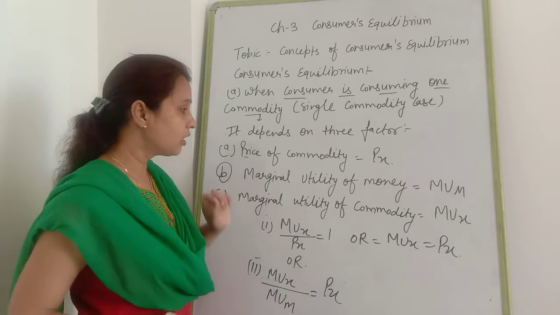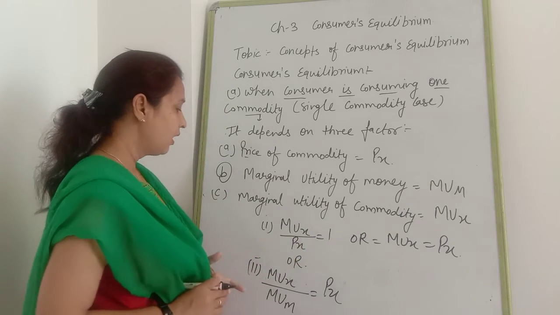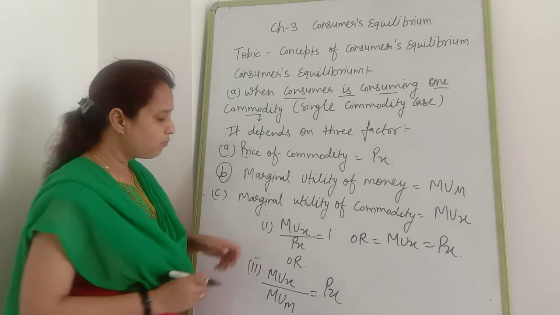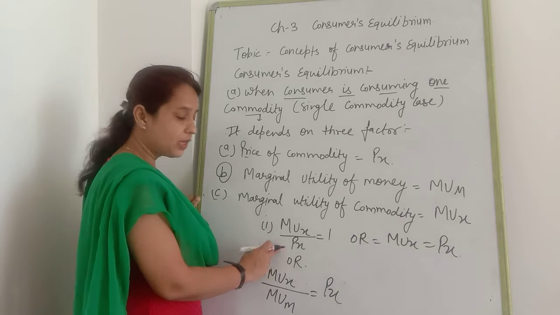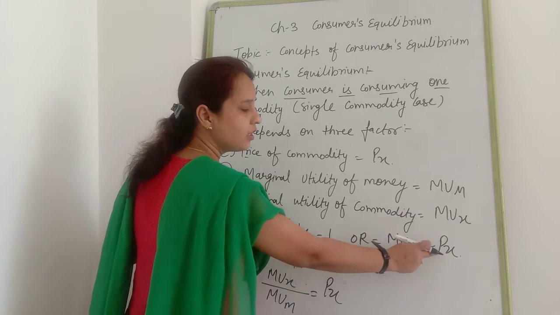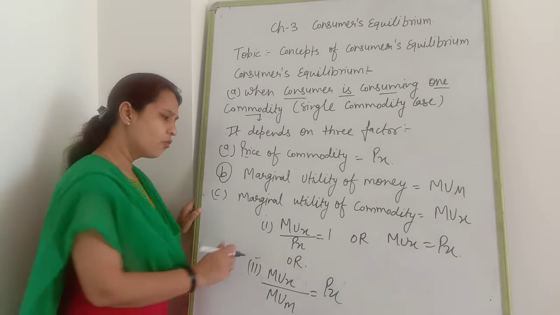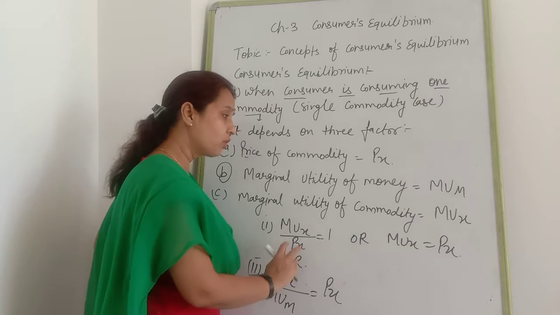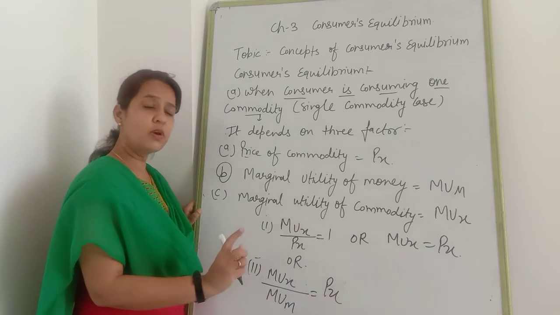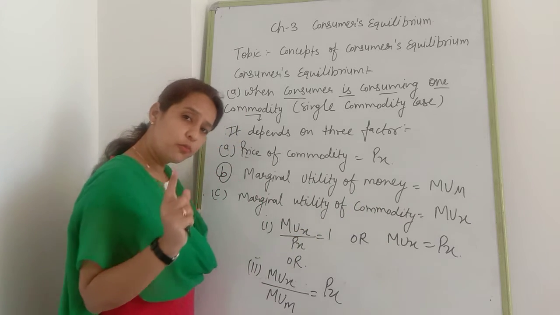If the marginal utility of money is given as rupees 1, then we can apply this formula: MUX divided by PX equal to 1, or we can say MUX equal to PX. You can find consumer equilibrium with this formula when the marginal utility of money is given as rupees 1.